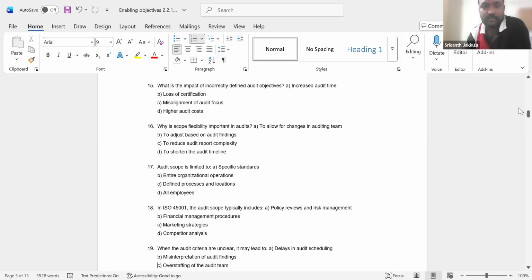Okay, got it, sir. See, audit objectives, the auditors will define, and the certification body is also part of audit objectives. What you want to achieve by doing the audit. Okay.